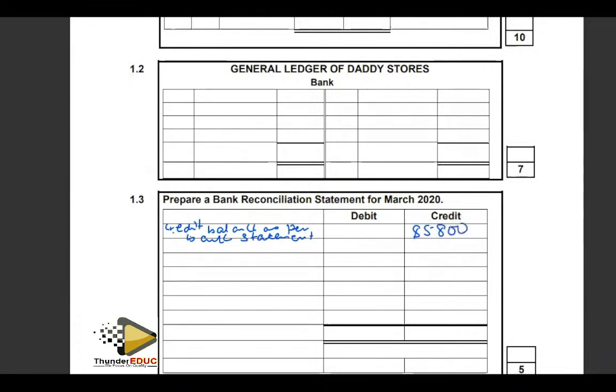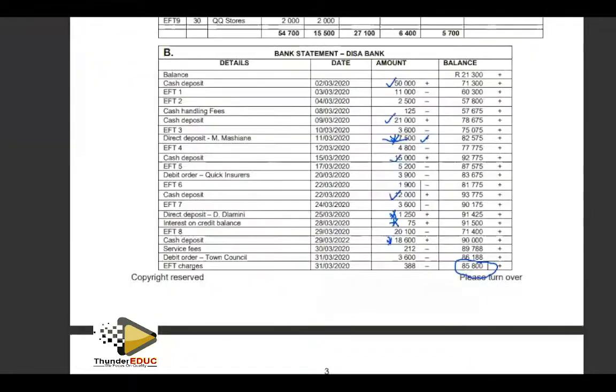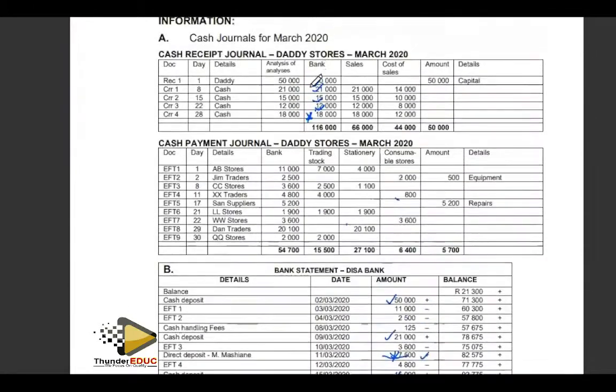Then I'm going to go and look for that item. Let's come here. You see there is that item which we never recorded here. So this item, we are going to put it where?